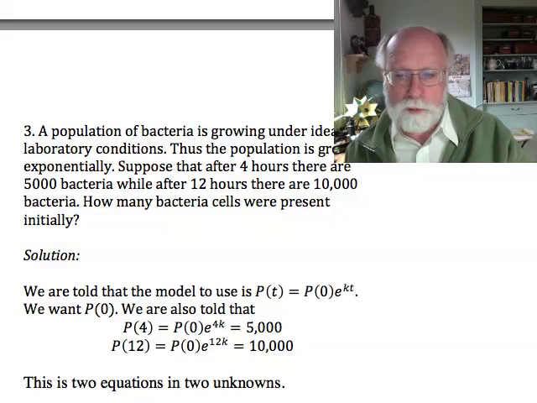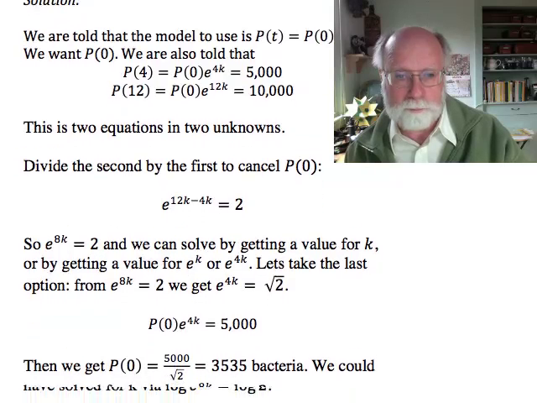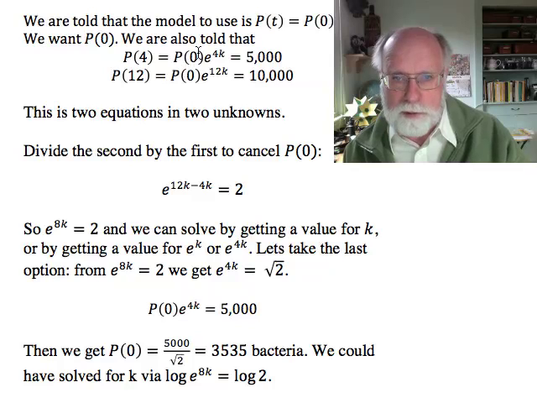So how can we do this? Well, my preferred way of doing this one is to divide the first equation into the second equation. That will cancel out the P0s, and that'll let me solve for k here. So what does that look like? Well, when we divide, the P0s cancel out.